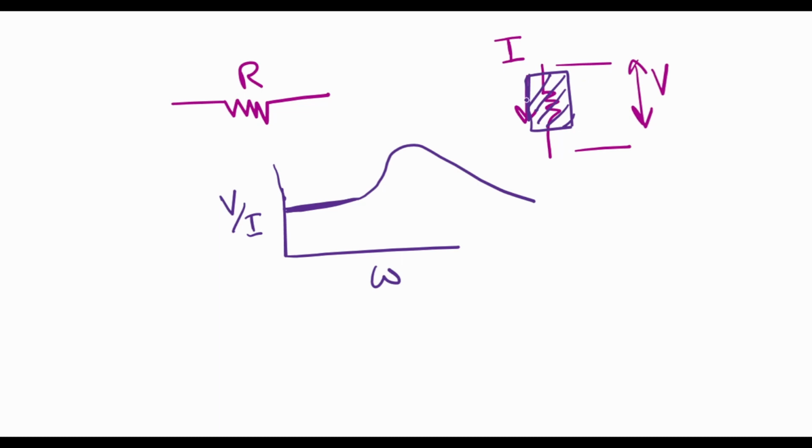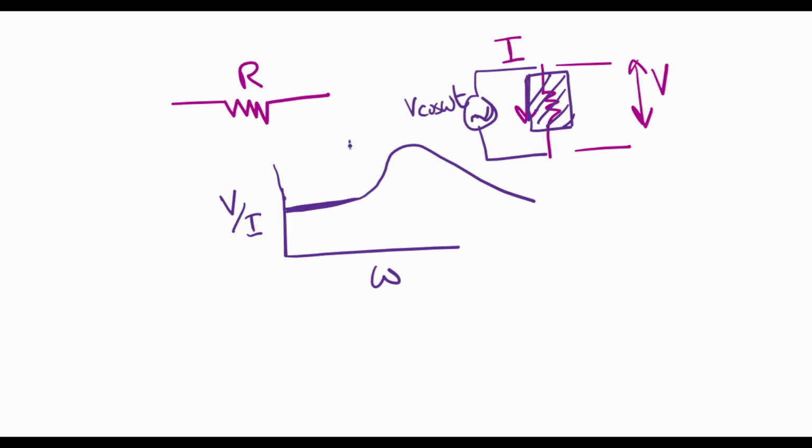I don't know what it is. I just apply a voltage across it, which is varying with frequency. So it's something like V cos omega t. And I plot the voltage that I measured divided by the current, and I get something like this.